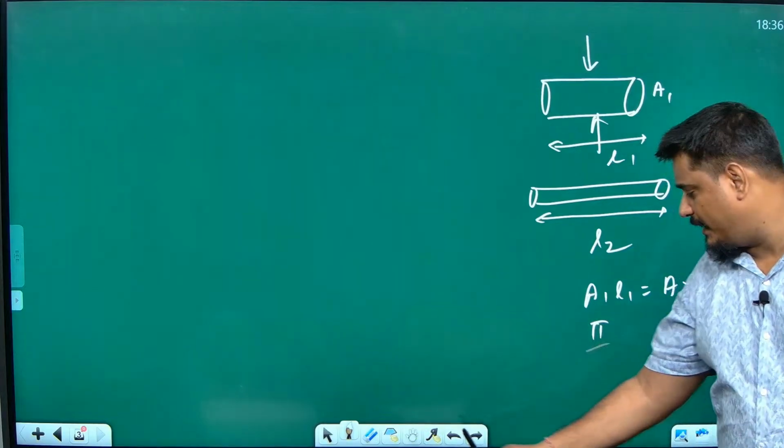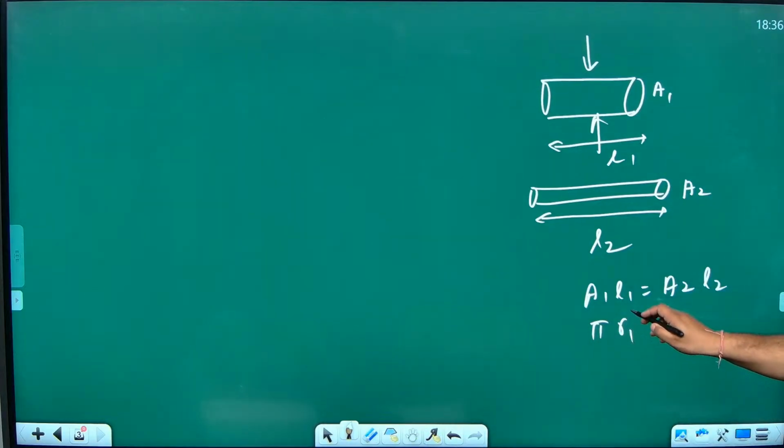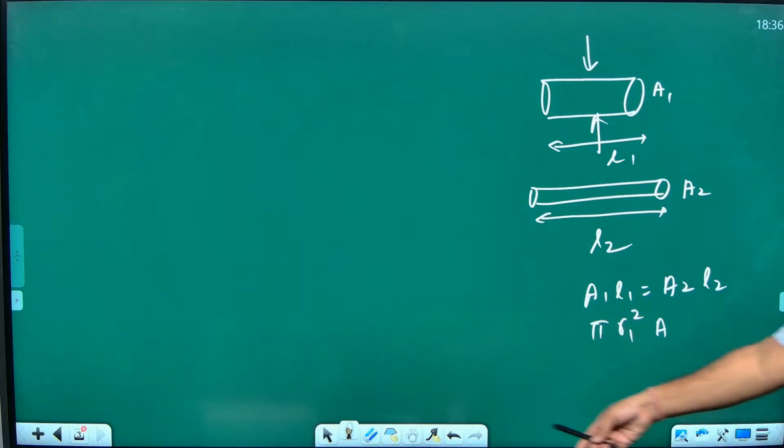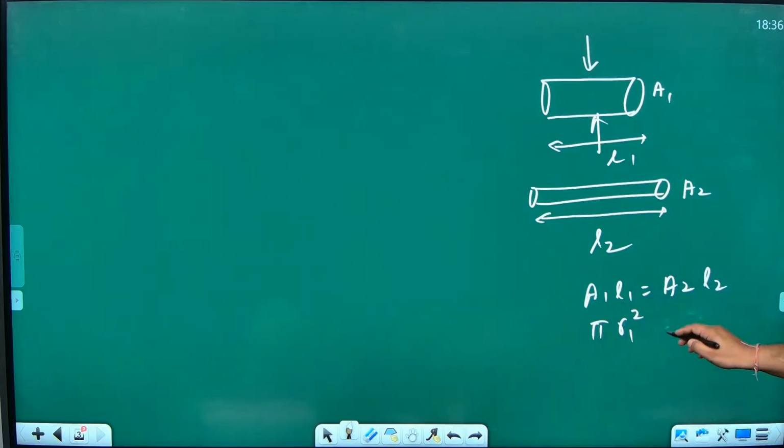So the area will be pi r1 square. Pi r1 square into L1 is equal to pi, and what is the R2 value given? Half of R1, isn't it?